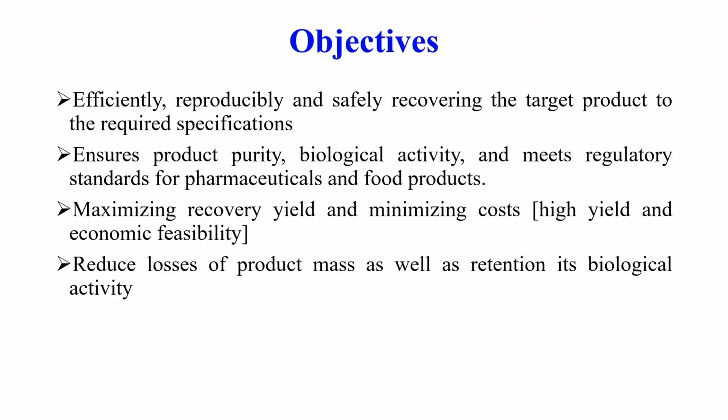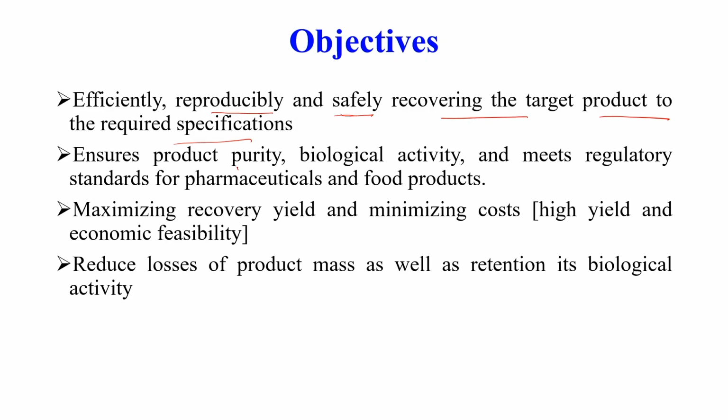So, what is the objective of downstream processing? The first is efficiently, reproducibly and safely recovering the target product to the required specification. As I told, you need to see, we require 90% purity, I require 99% purity for a given application.